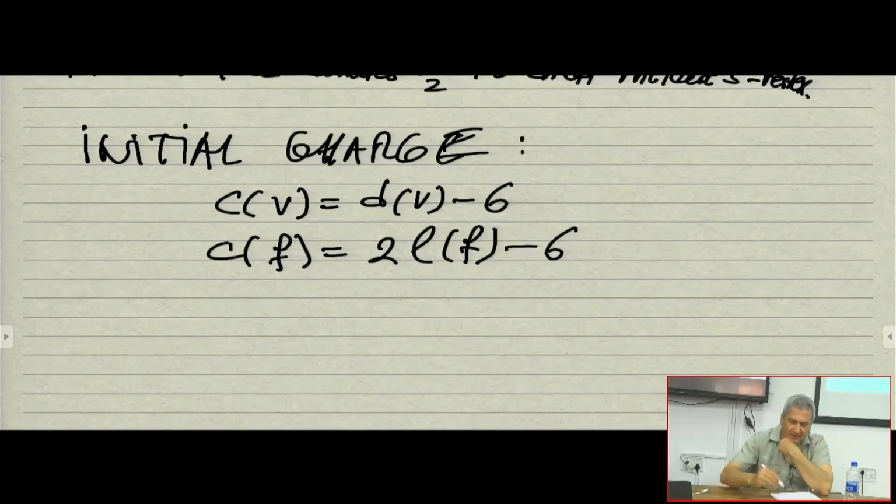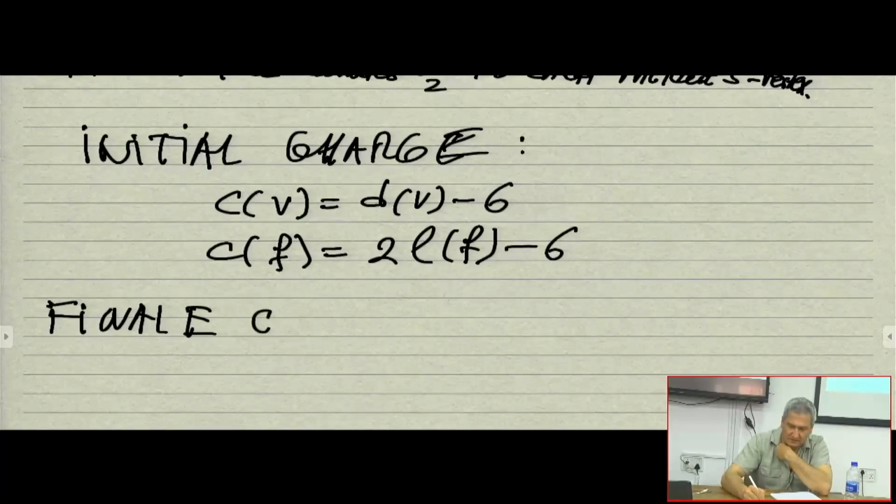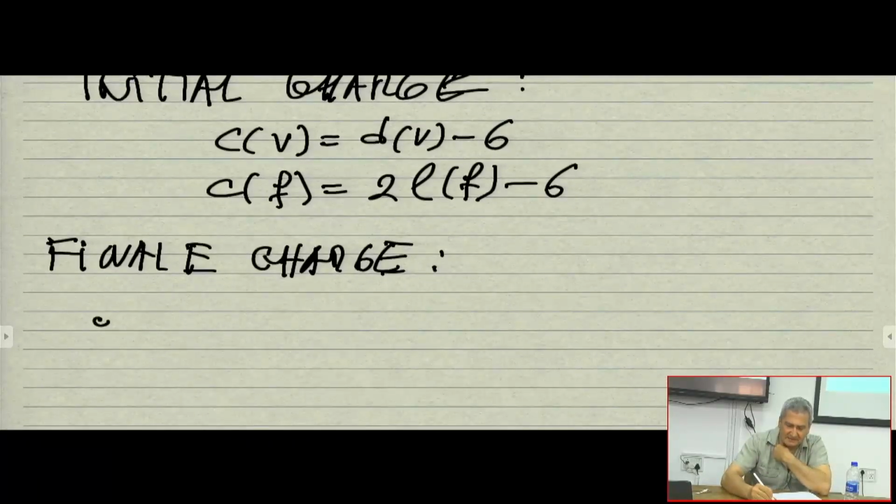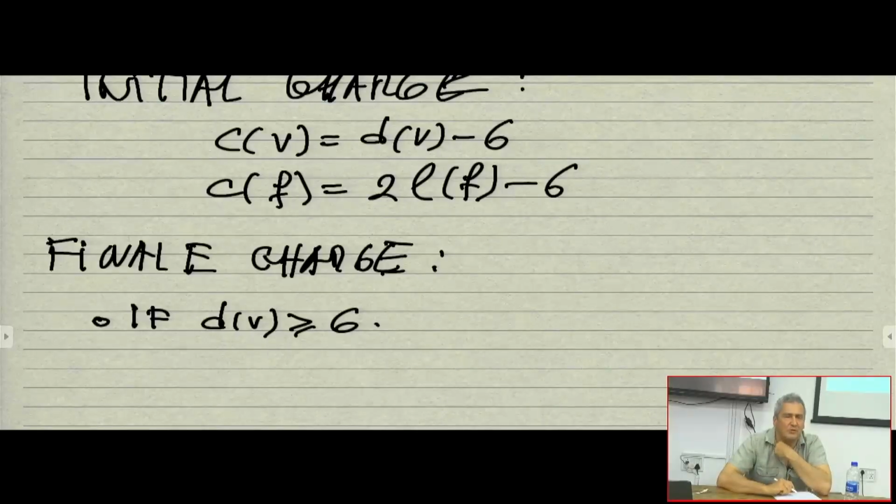So, first the easy things, let's get rid of the easy thing. If a vertex is of degree at least 6, what happens?